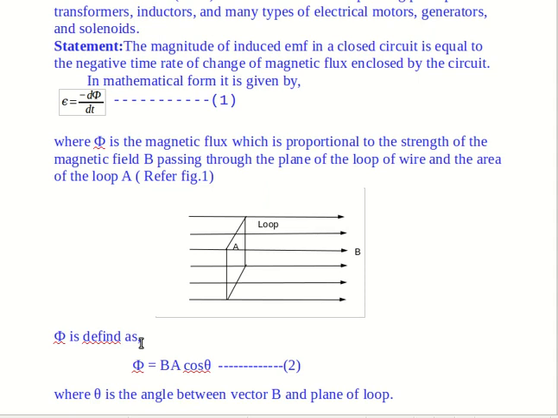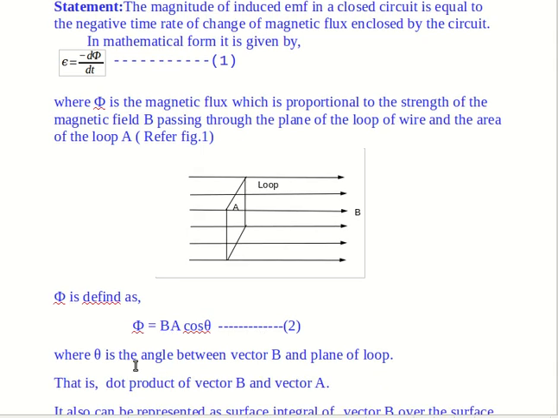Phi is defined mathematically as BA cos theta, where theta is the angle between vector B and the plane of the loop. Note that when the plane of the loop is perpendicular to B, then theta will be 90 and cos 90 will be equal to 0.